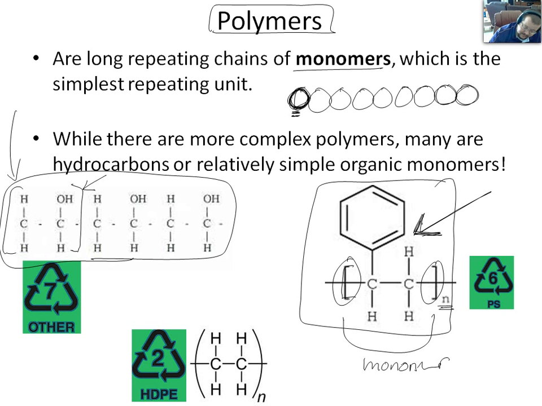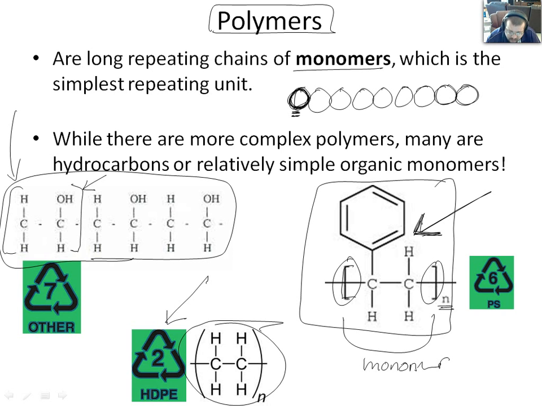Alright, and finally, we have polymer number 2 down here. It's listed as high density polyethylene, HDPE. This is a very, very common polymer to see in materials that we use every day. Now let's pick apart the name a bit. HDPE. The E is what I'm most interested in.